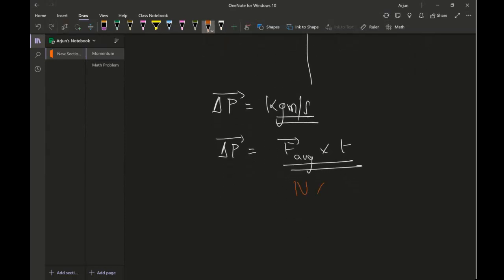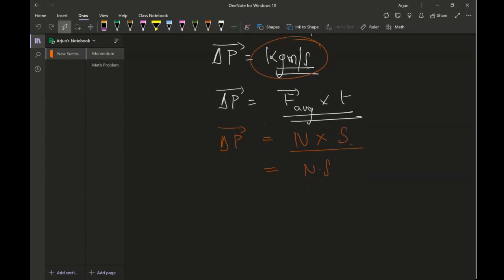The unit of force is newton, times time, and this is equal to delta P. The unit of time is seconds. So earlier we wrote this as a unit, and now we are saying newton times second, which is newton second. So we will try and see how they are one and the same thing.